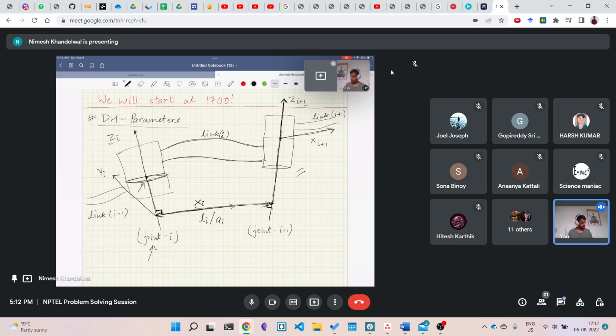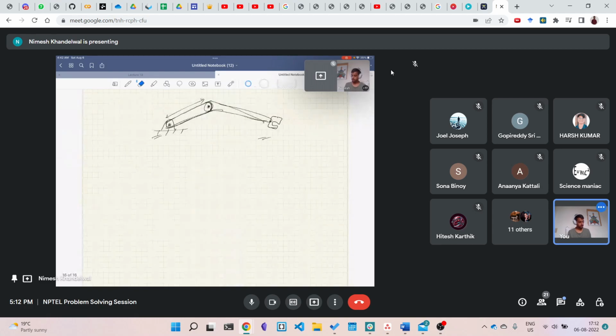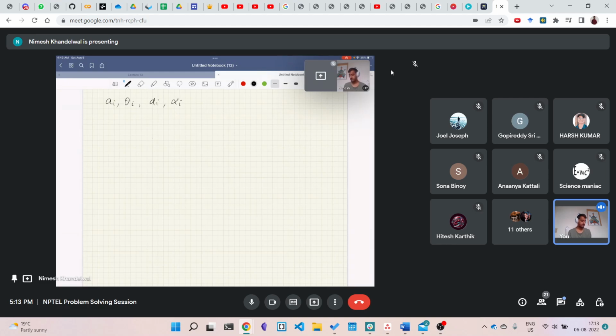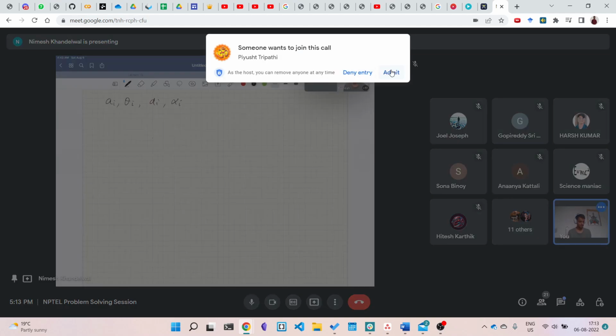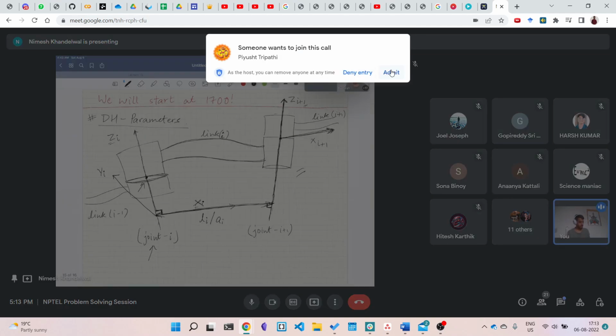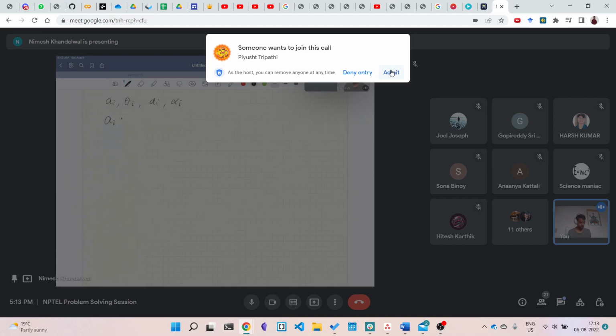And from what sir had told you, you know that you had four parameters: A I, theta I, D I, and alpha I. Since I've told you how I'm attaching the frame, I'll quickly tell you how these are chosen.